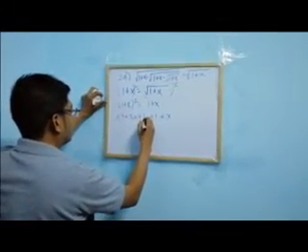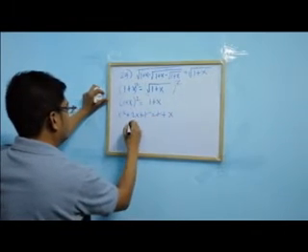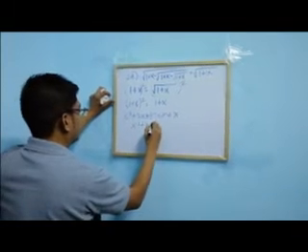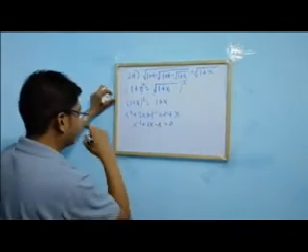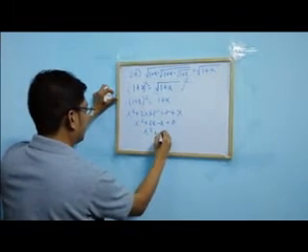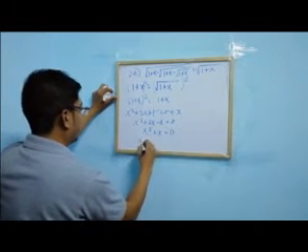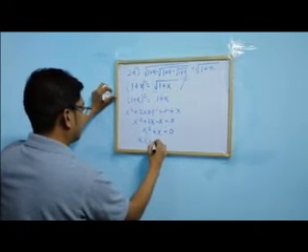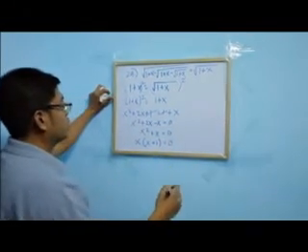So transpose, and this one will be removed. x squared plus 2x minus x equals 0. So x squared plus x equals 0. x times x plus 1 equals 0.